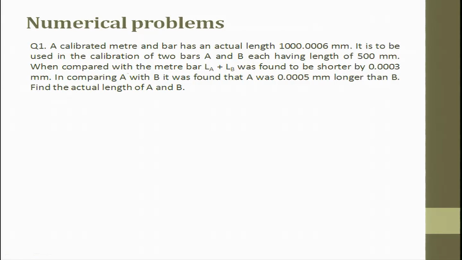When compared with the meter bar, LA plus LB was found to be shorter by 0.0003. In comparing A with B, it was found that A was 0.0005 millimeter longer than B. Find the actual lengths of A and B.